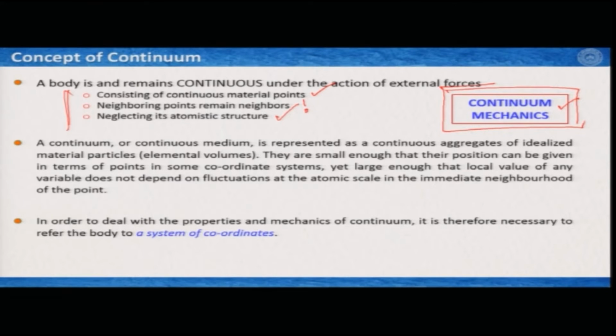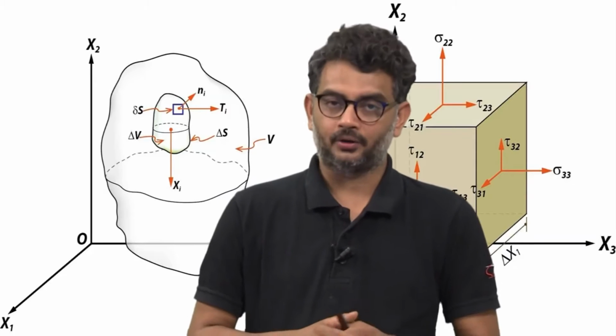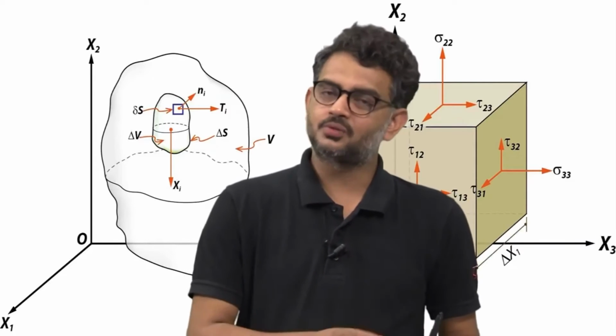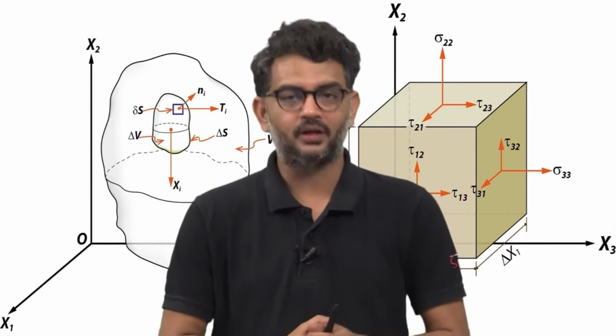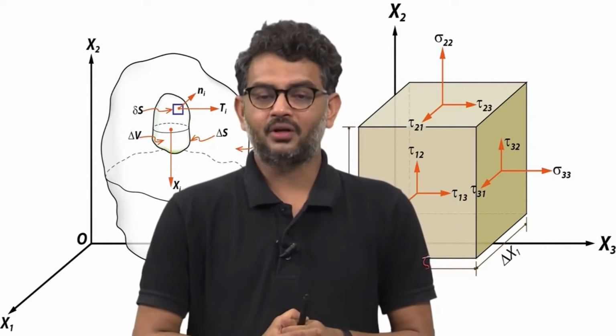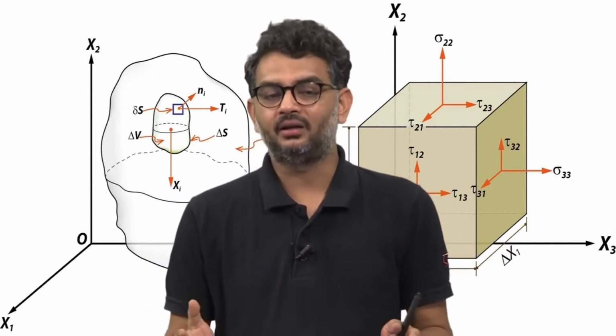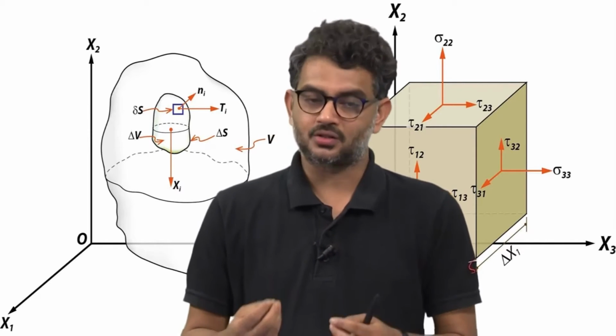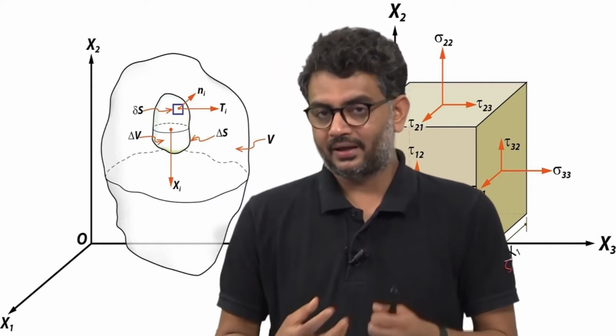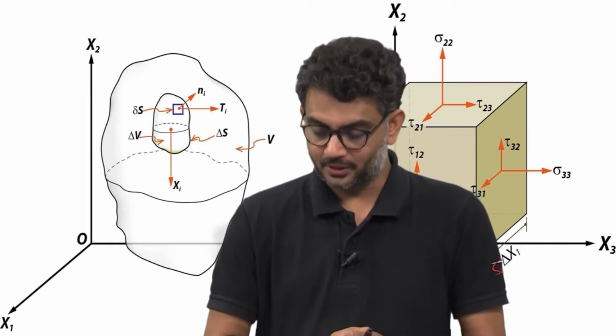But they are large enough that the local value of any variable does not depend on fluctuations at the atomic scale in the immediate neighborhood of the point. So, this subject is studied at a sweet spot: it is not so small that you cannot plot it in a coordinate system, but at the same time not so big that small fluctuations at the atomic scale can affect your system.